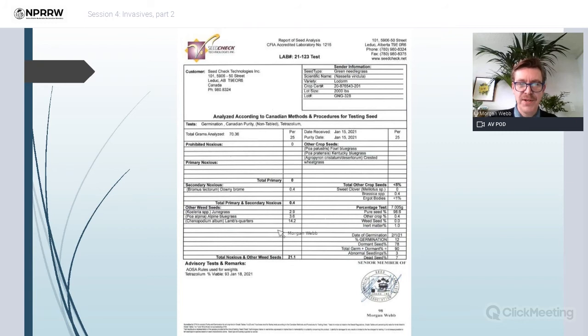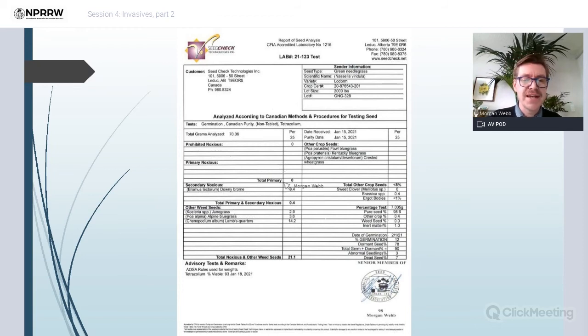So there's that report again. So you can see now that we analyzed 70 grams of that green needle grass for prohibited noxious, primary noxious, secondary noxious, and other weeds. You can see some of the other weeds that we have listed may be considered desirable to you in this mixture, like the June grass.